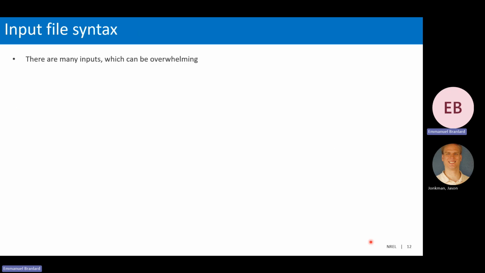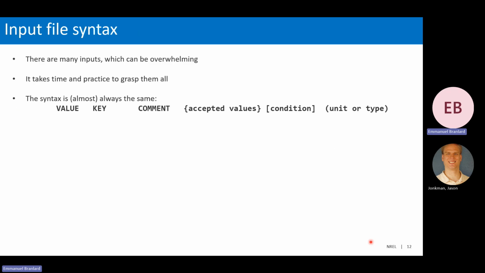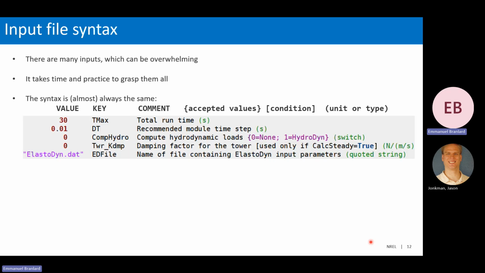More recommendations. The input file, before we dive into it, typically has a syntax that is always the same. Even though it looks overwhelming, it looks something like this. On the left, you have the value. In the middle, you have what I call a key, which is basically the name of the variable, and then some comments. As a new user, you'll probably want to read the comments a lot.